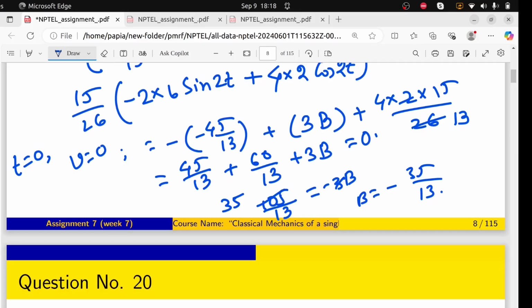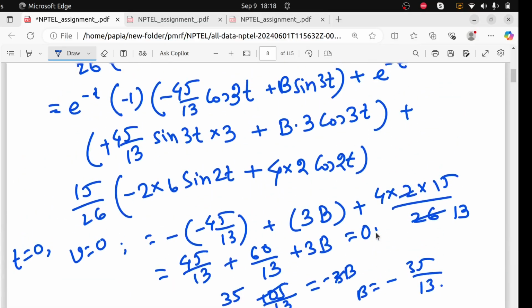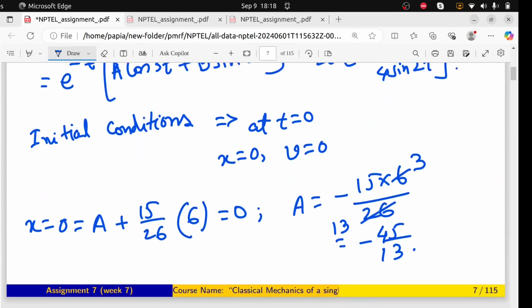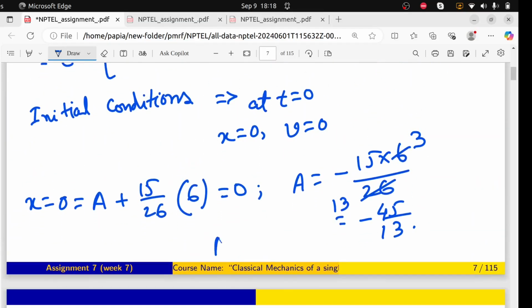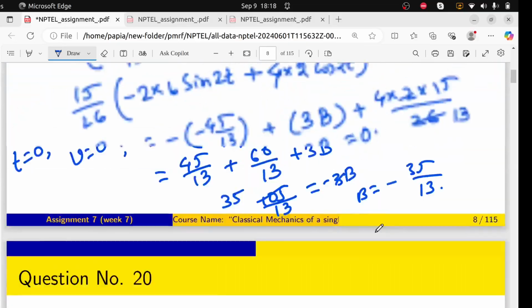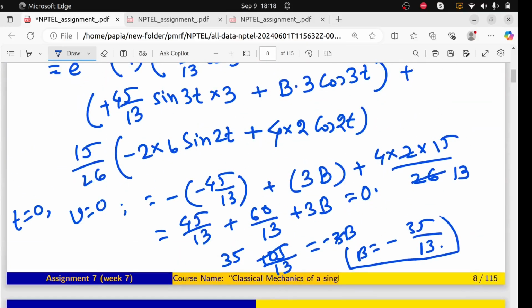So if I put all the values, a I got as minus 45 by 13, and b I got minus 35 by 13.